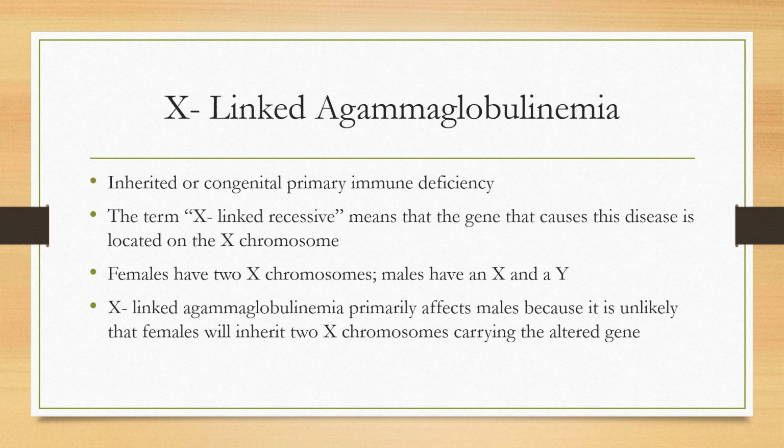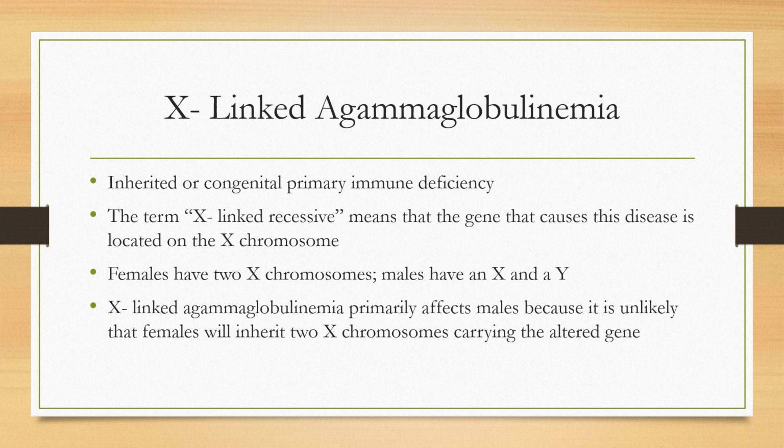The term X-linked recessive means that the gene that causes this disease is located on the X chromosome. So now we know from A and P, think back, that females will have two X chromosomes and the males will have an X and a Y. That is why the males will determine the sex of the child.